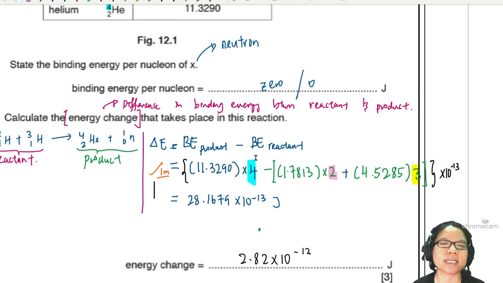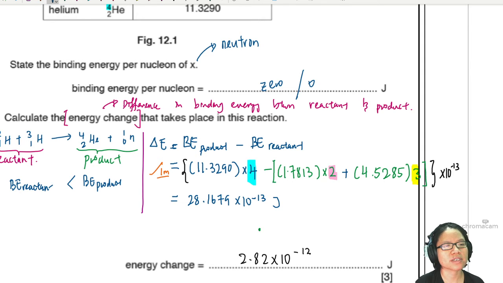Okay, so always take the product minus the reactant, because the binding energy for the product will always be greater than the binding energy of your reactant. We have discussed this in the previous example. This is because the product is more stable. So hence, there's an increase in binding energy after reaction.